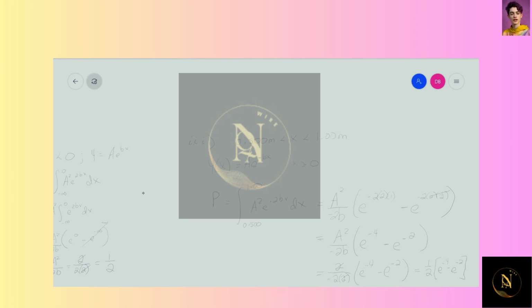Right, so we put this in the calculator, we see this is a probability of 0.0585, or we get a probability of 5.85%.